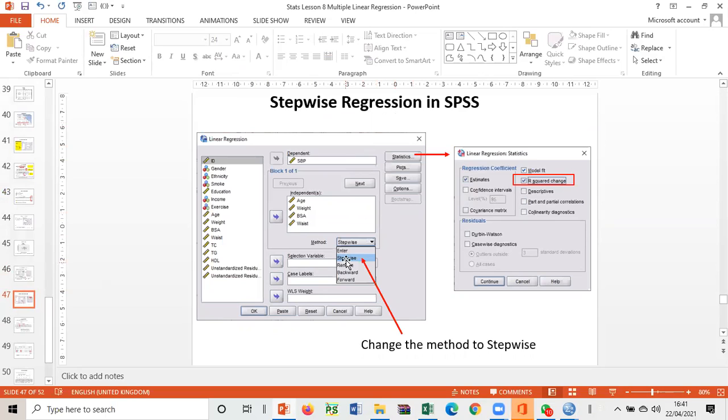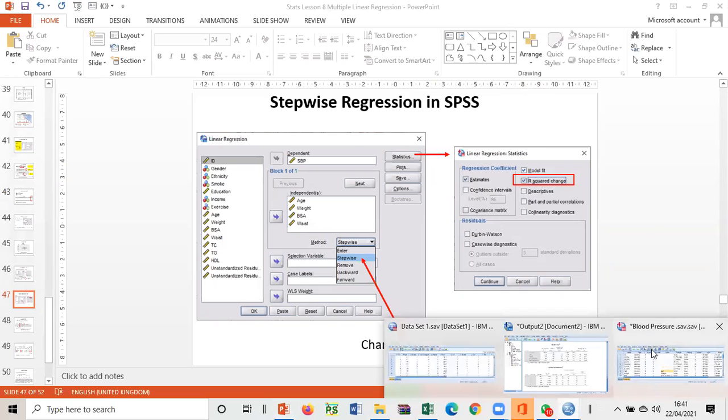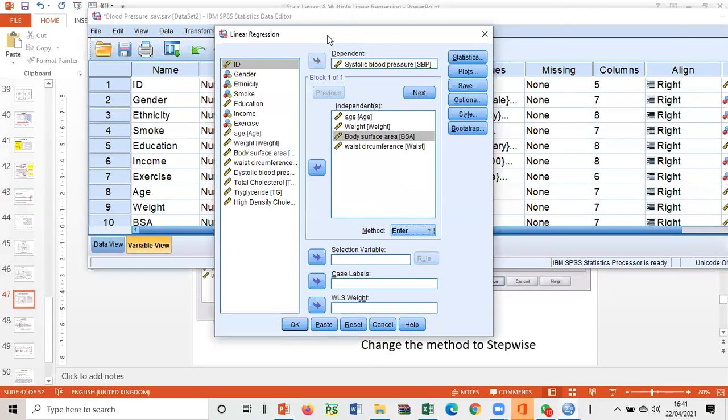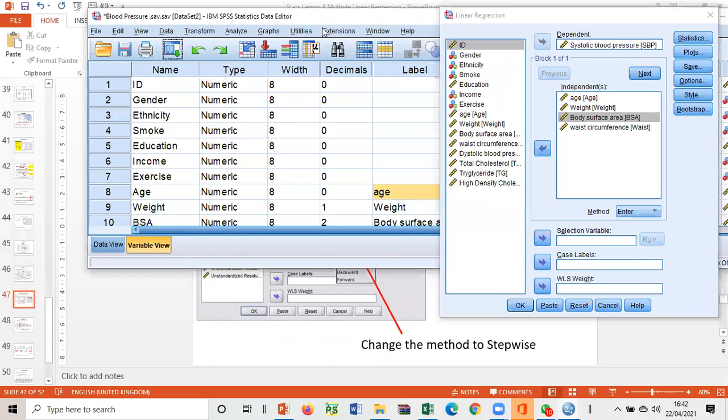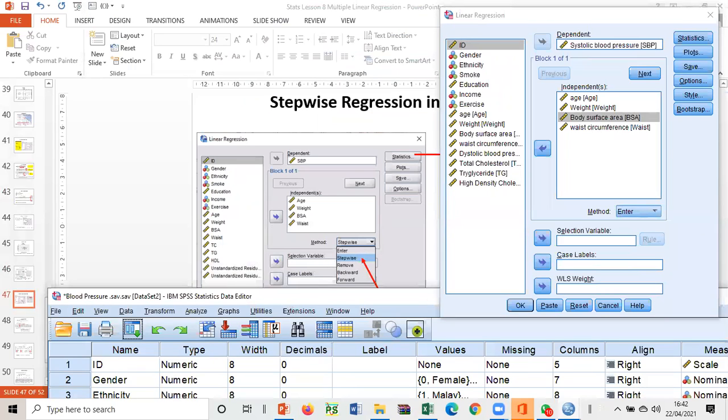So you're going to change this method to stepwise, and click on Statistics, R squared change. Do it now. Change the method to stepwise.